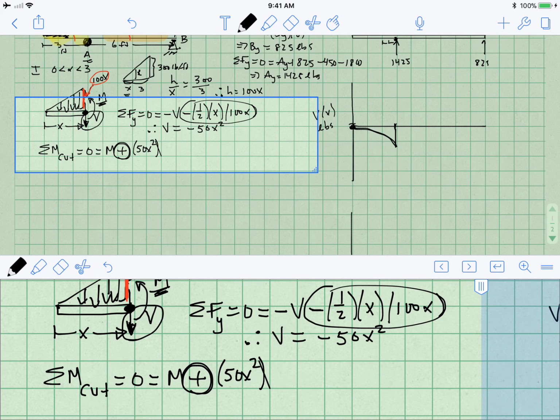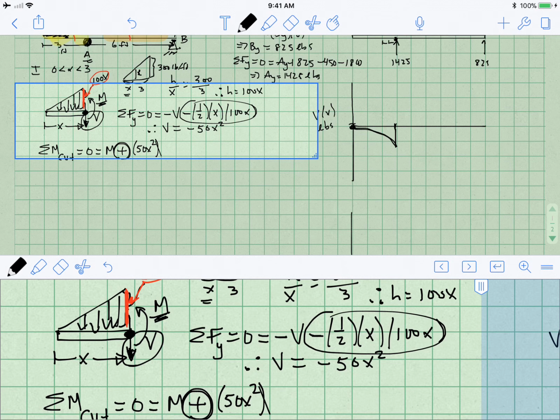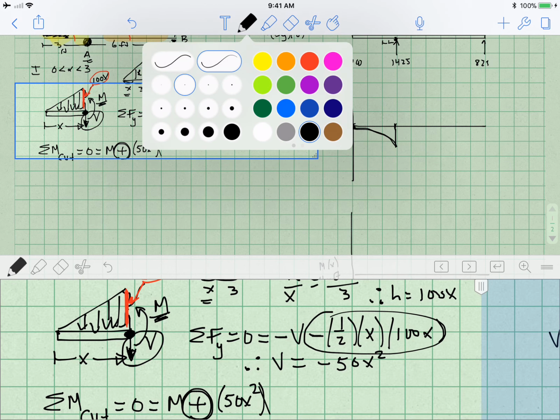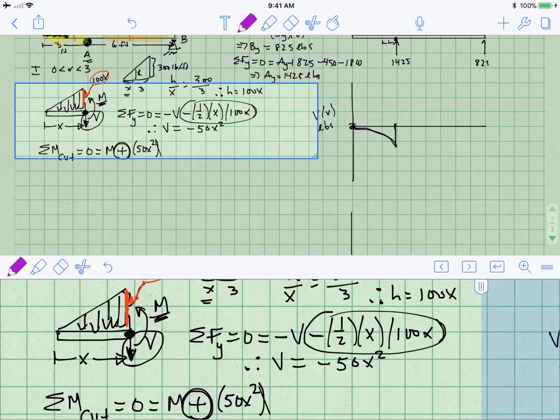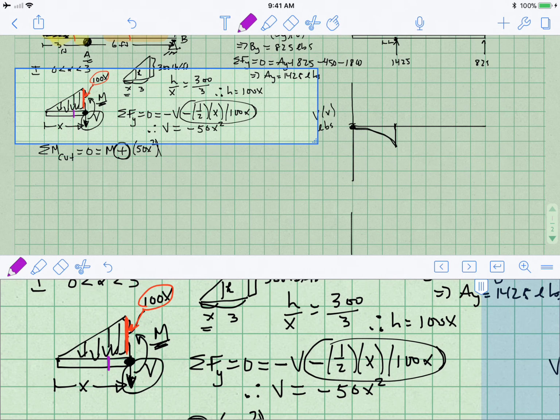So I have 50x squared, and now I need to know at what distance from the beam, if this were to be a point load and we were to position it at a particular point, what is this distance from the beam? And so here's my reasoning. Well, if the total distance is x, then 1/3 of the distance will be x over 3.